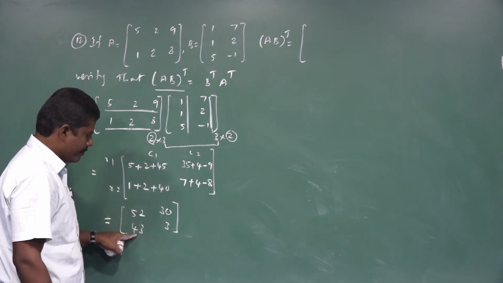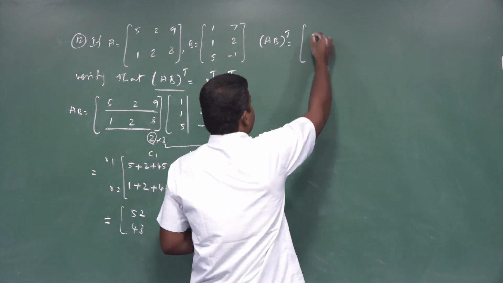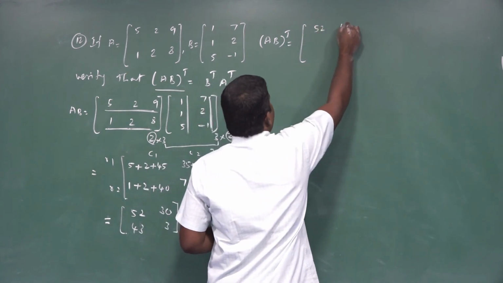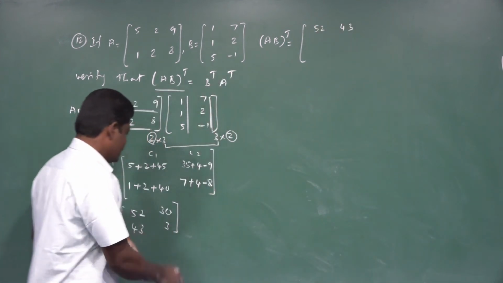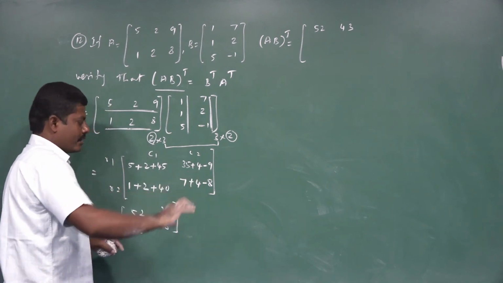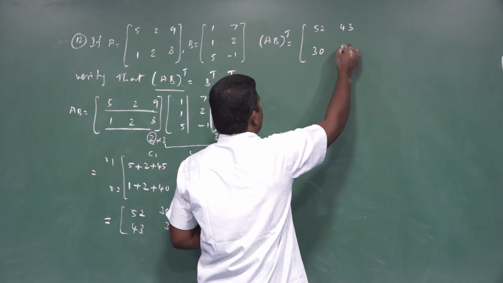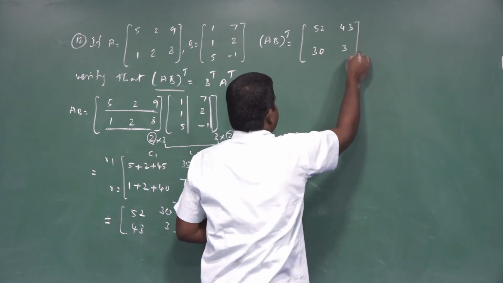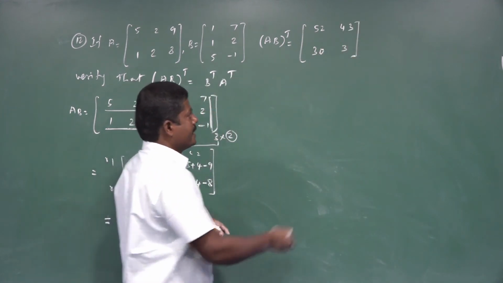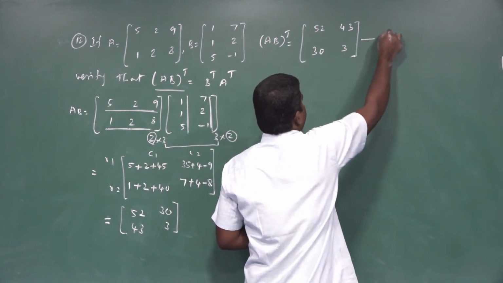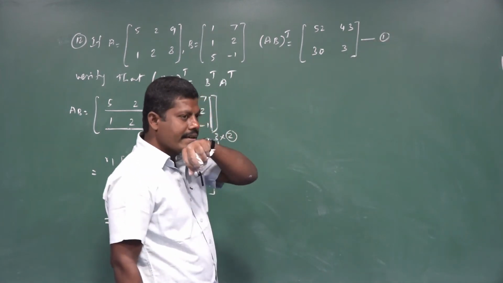First column is 52, 43. Next, second column, second row: you take the second column 30, 3 and write it in a row. Understand? This is our left side answer, you take it.